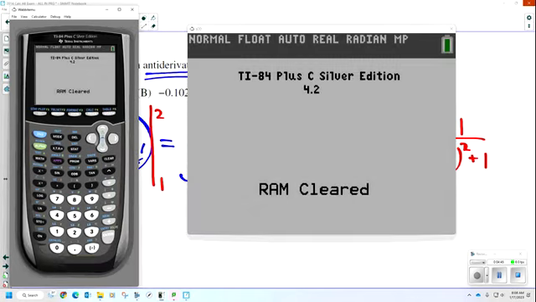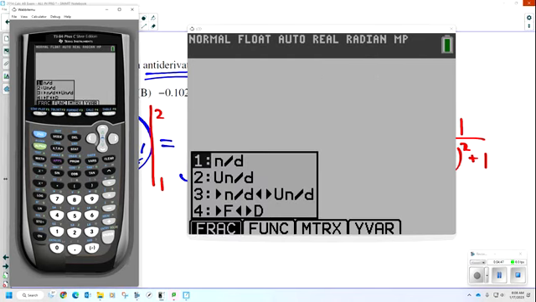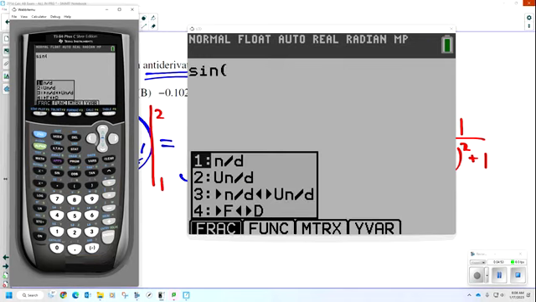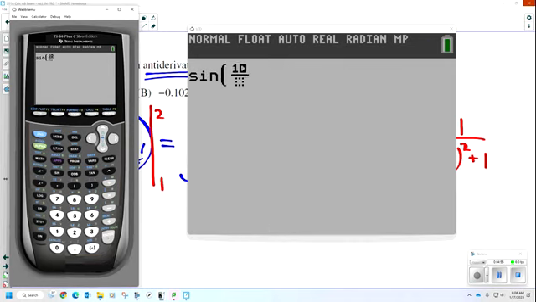All right, so I'm going to hit alpha y equals enter. Oh, actually, first I want to hit sine. Alpha y equals enter. And it's 1 over. First, I'm putting a 2 in. And that's plus 1. That's my upper bound in there.